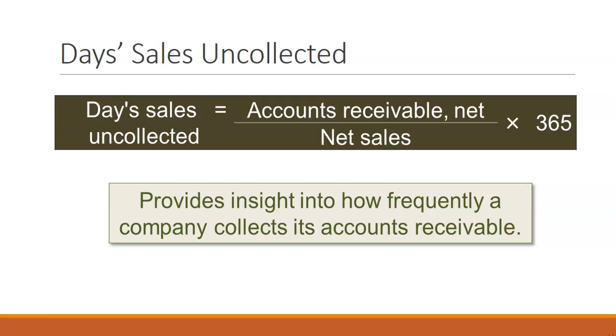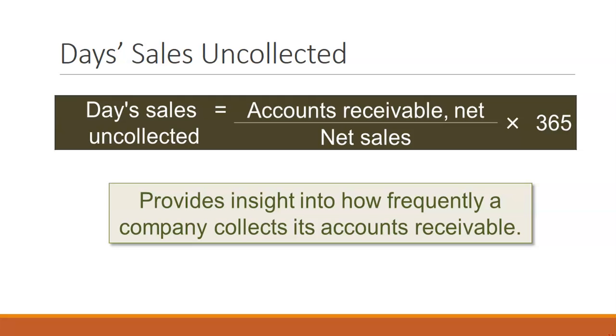Another accounts receivable ratio is the number of days our sales are uncollected. This tells us, on average, how many days it takes for a customer to pay us cash for a credit sale. So this is our accounts receivable divided by net sales times 365.